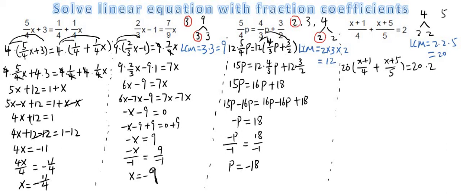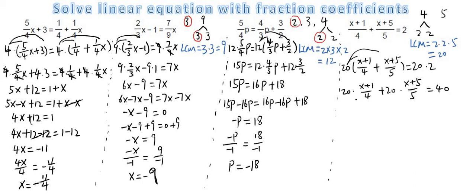On the left hand side we can do the distribution. So we have 20 times x plus 1 divided by 4, 20 times x plus 5 divided by 5. And on the right hand side, that is 40.